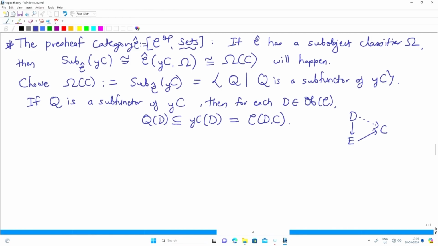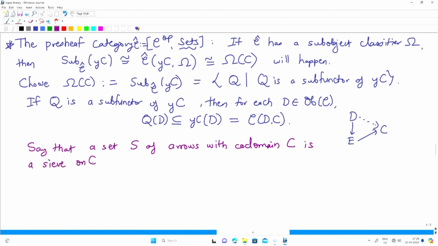So now let me define this other notion. Say that a set S of arrows with codomain C is a sieve on C if it is a right ideal, if it is closed under precomposition with arbitrary elements.